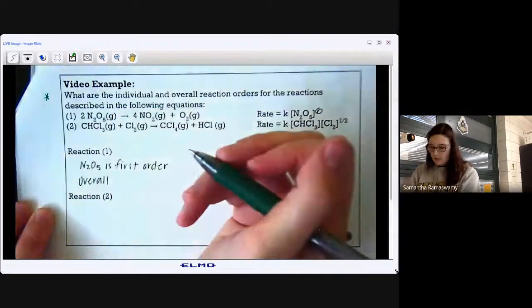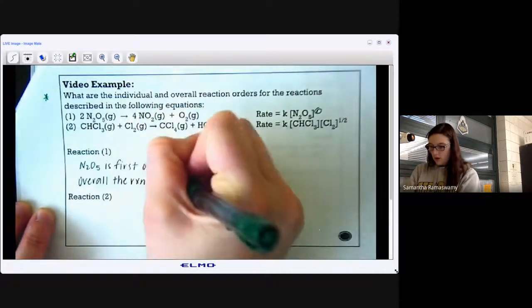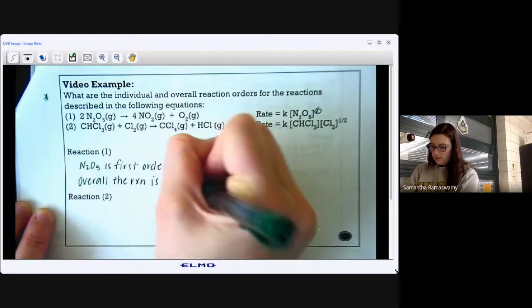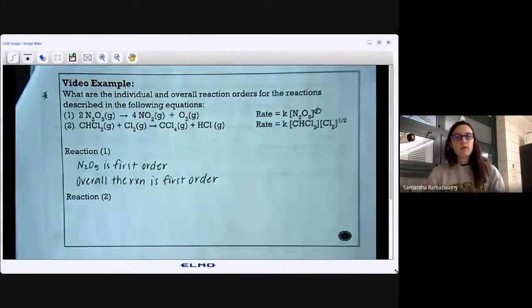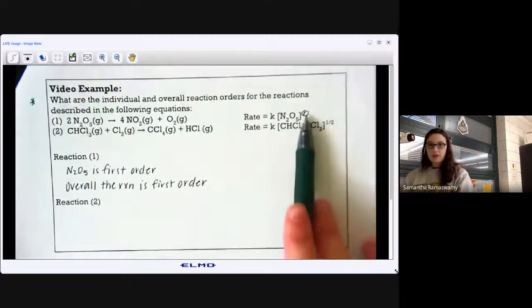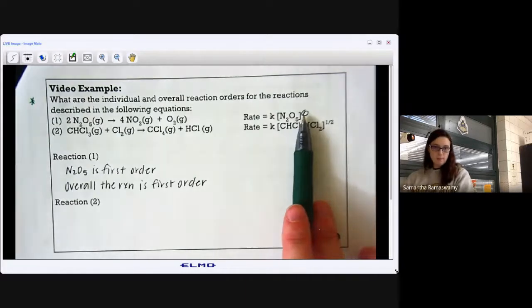Well, there's only one exponent. So overall, the reaction is first order. N2O5 is first order because of this exponent, and then overall you add up your exponents, but we just have the 1, so it's also first order.